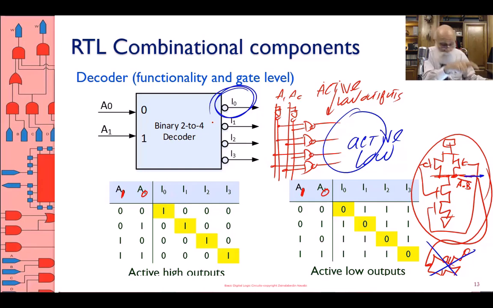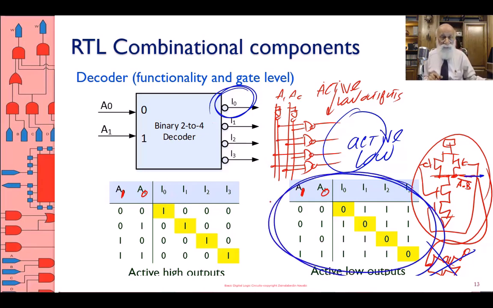If there was no bubble, you would be talking about the table on the left-hand side. Now that there is a bubble, you are talking about the table on the right-hand side. That's it. That's it with the base of my decoder. Okay, that's a 2 to 4 decoder.